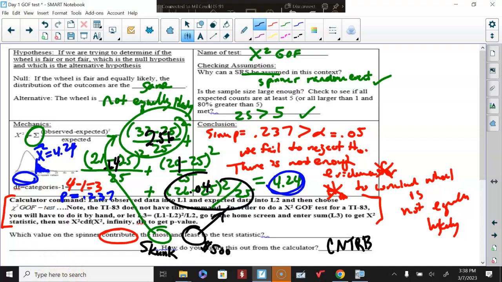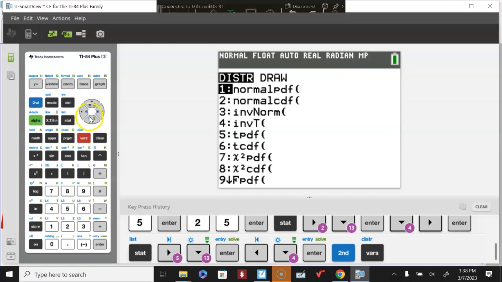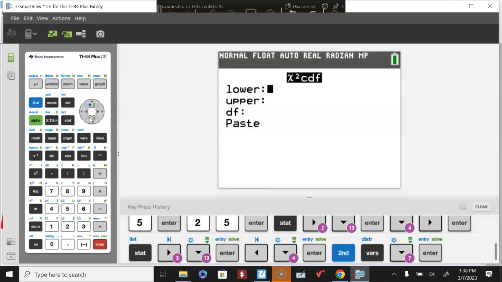All right, so the last thing I want to talk about is, on the calculator, how else can I get the p-value? So if we go to second vars and scroll down to number 8, there is a chi-squared CDF command, and I can get the p-value this way as well. My lower bound is always going to be the test statistic.